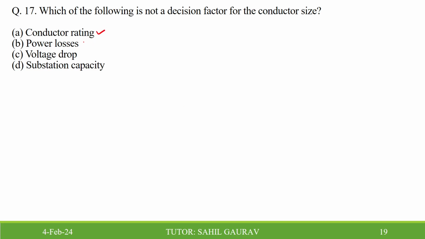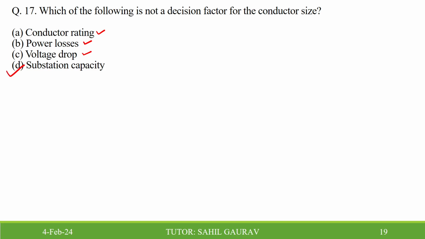Power losses is also one of the decision factors. Voltage drop is also a decision factor. While option D is incorrect: substation capacity is not a decision factor for the conductor size selection.